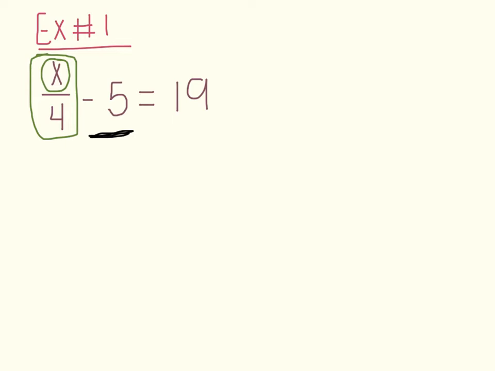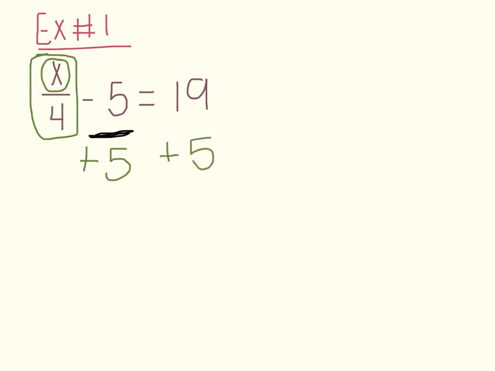So when we solve, we want to get rid of the one that is not next to the variable first, because that's going to be easiest to get rid of. So we have a minus 5. So the opposite of subtracting is addition. So we're going to be adding 5 to both sides.